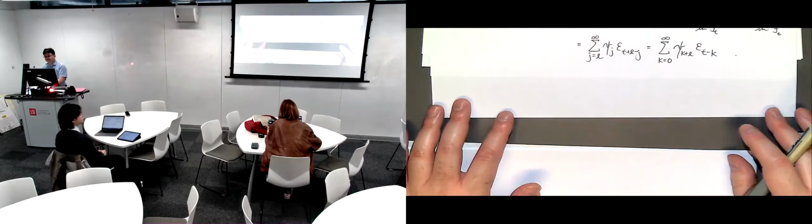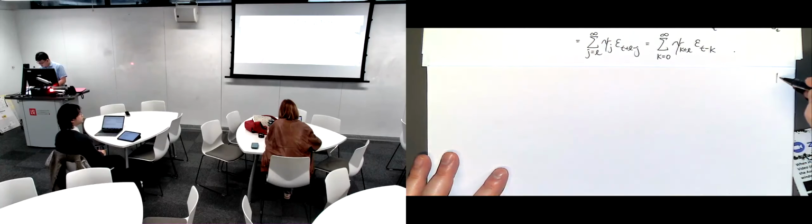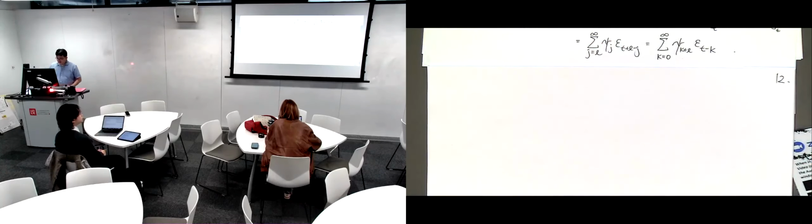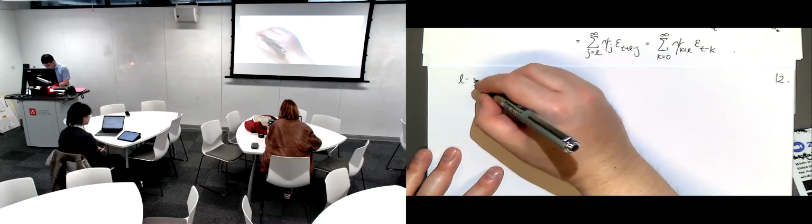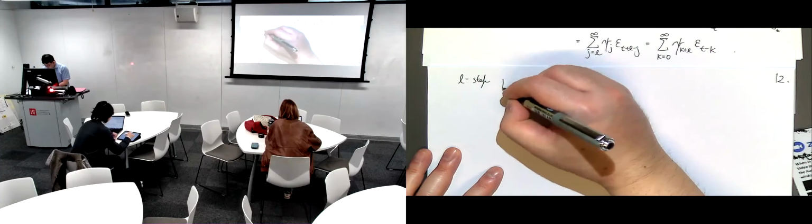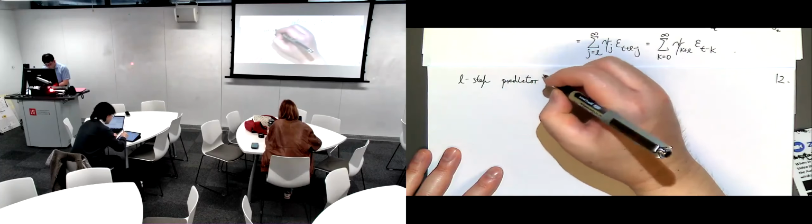And this form actually is convenient. Now, let's look at this form in looking at something called the L-step prediction variance. So you got your predictor, so what is this variance?